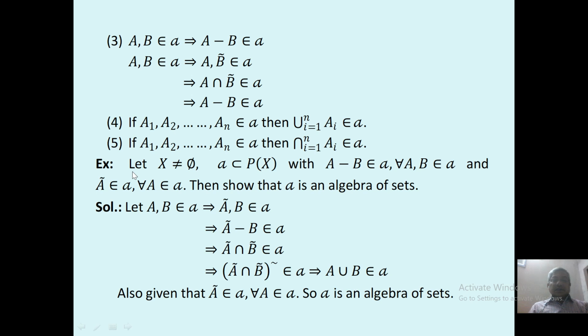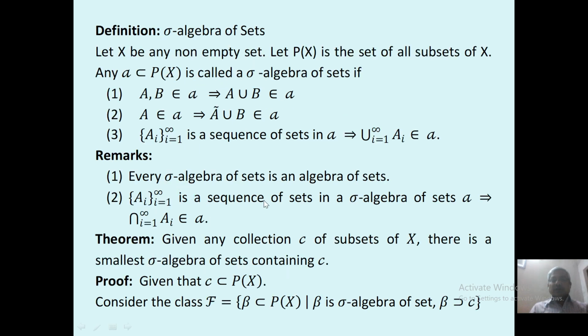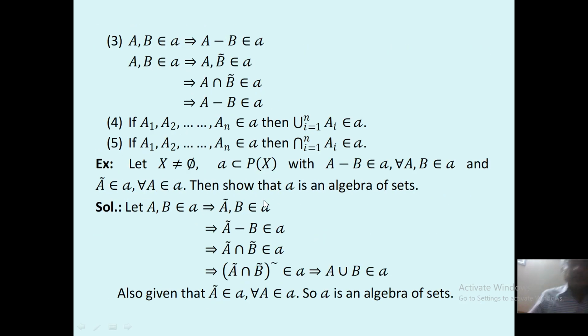Now let us see one example. Let X be a non-empty set, and script A a subset of the power set of X, with this condition: A minus B belongs to script A for every A, B belonging to script A, and A complement belongs to script A for every A belonging to script A. Then script A is an algebra of sets.